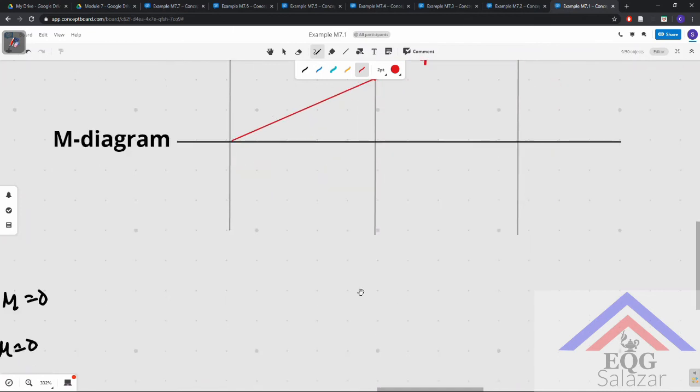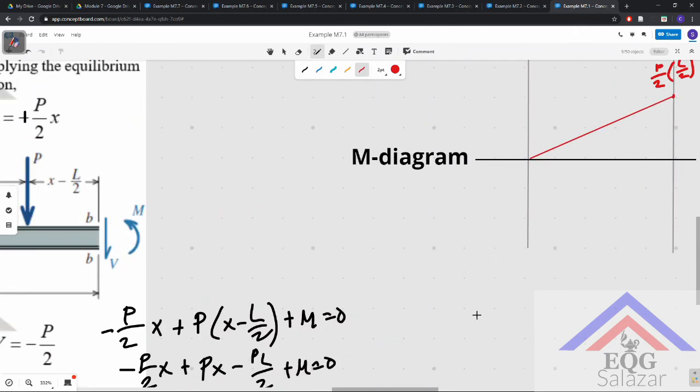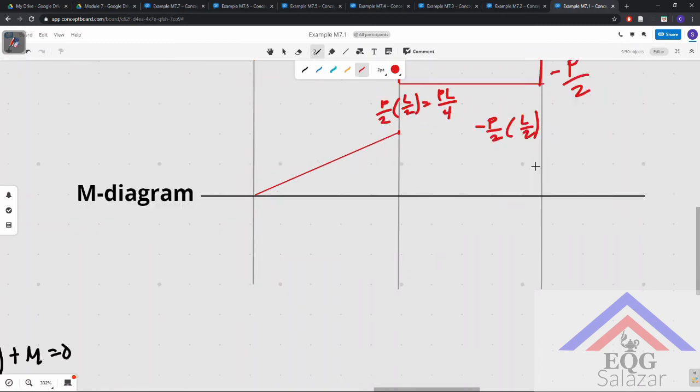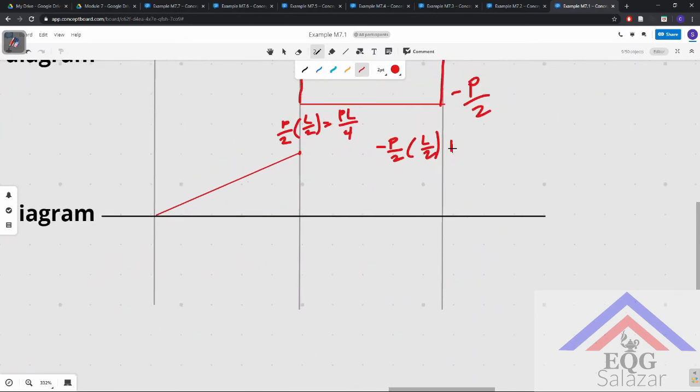Since the function is negative P over 2 times x, and we have negative P over 2 times L over 2, plus PL over 2, then that brings us to negative PL over 4 plus PL over 2.